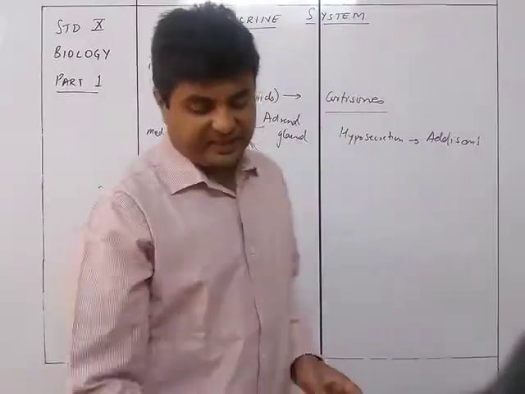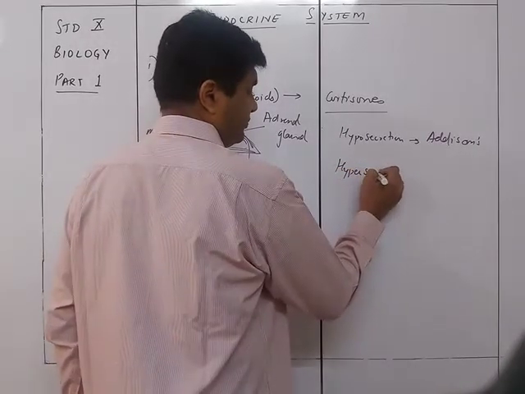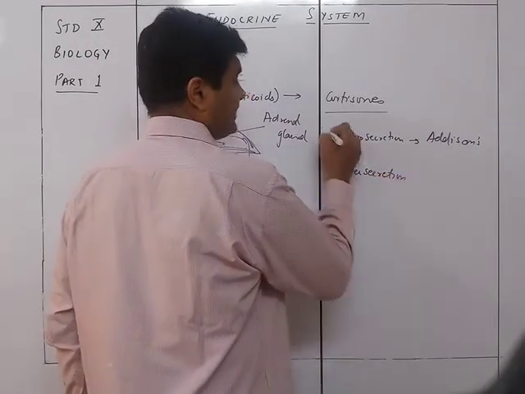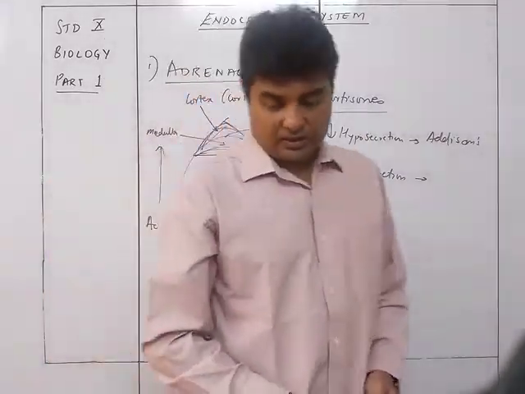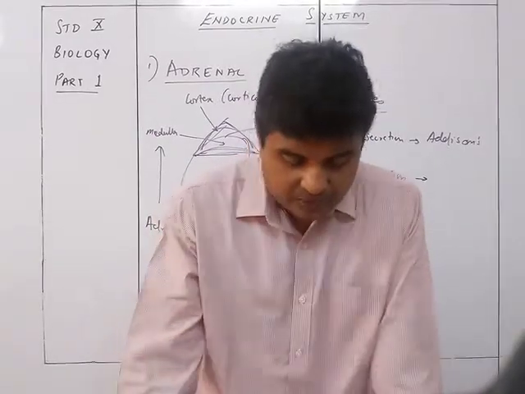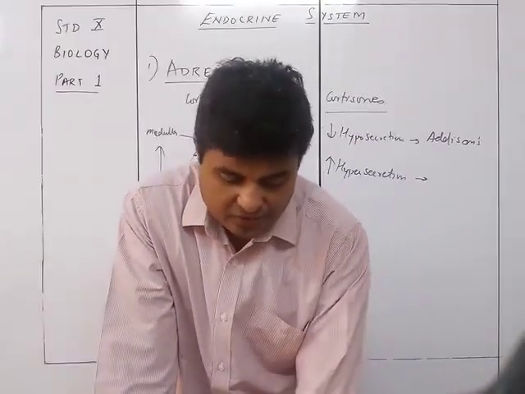If it is hypersecretion, that is more secretion, whereas here the secretion is less and here the secretion is more, then it causes Cushing syndrome. So hypersecretion of adrenal cortex causes Cushing syndrome.